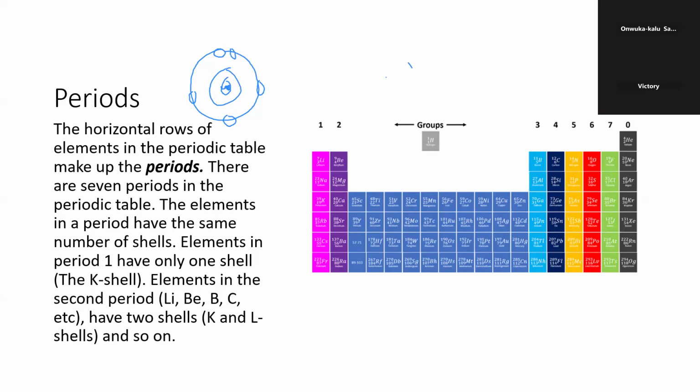Okay, Samuel, can you unmute yourself and speak now? The element belongs to group 5. Group 5, excellent. And period 3. Period 3, very good. Now you understand what I mean. Group 5, period 3. Very good.